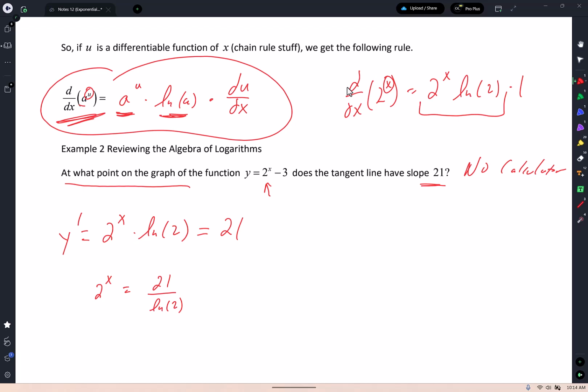Now what? How do I bring that x down? How do I bring this x down, guys? I don't have a calculator. We did it last year. No, we can't do square root.